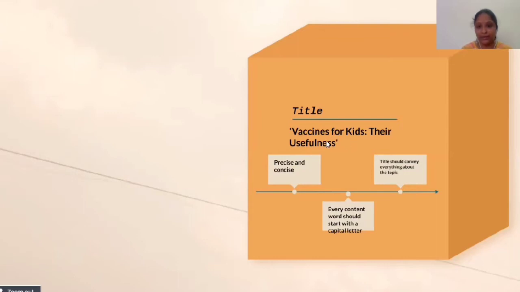For vaccines, kids and usefulness, we have used capital letter, the first letter. And their usefulness, there is a pronoun, right? So here, because it is the first word, we are using the capital T over here. So the title should also be very brief and catchy, and it should just give information about your entire project.